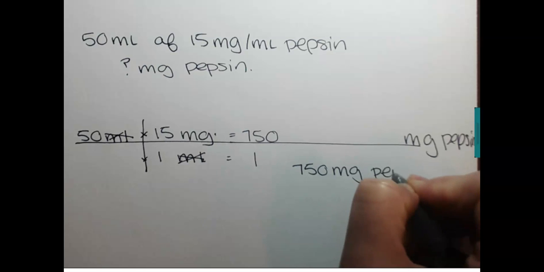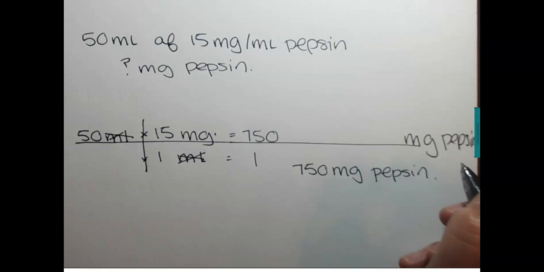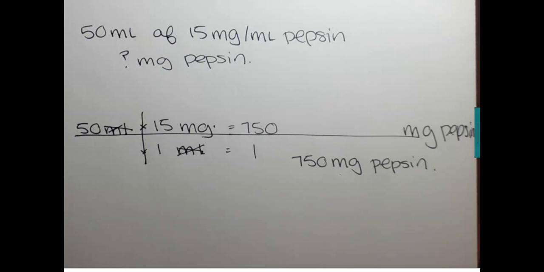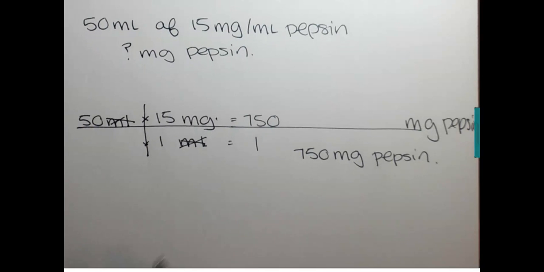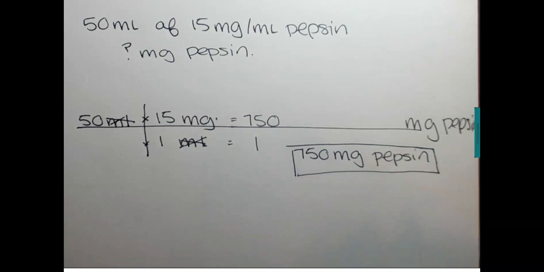Now, that's all good if you're just solving a problem on paper, but in the lab, if you need to actually make this solution, what's your next step? What you're going to do is weigh out 750 milligrams of pepsin using a scale or a balance.